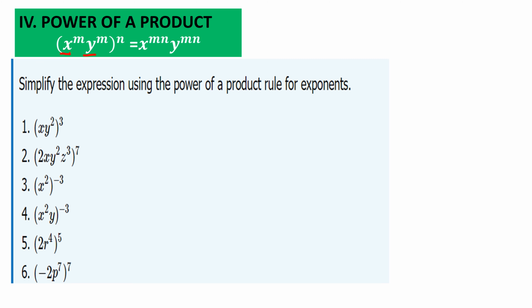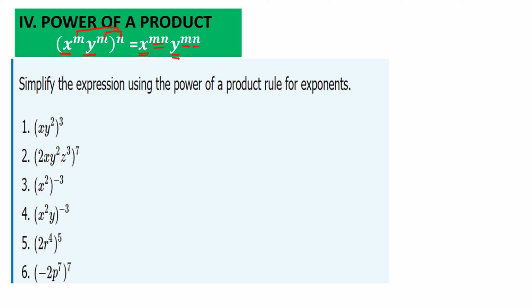So as what we did, we simply multiply the inner exponent to the outer exponent, or in other words, we simply distribute the outer to the inner exponents. So we will now have x as our first base raised to m times n, while our second base is y raised to the power of m times n. So we simply multiply the exponents.